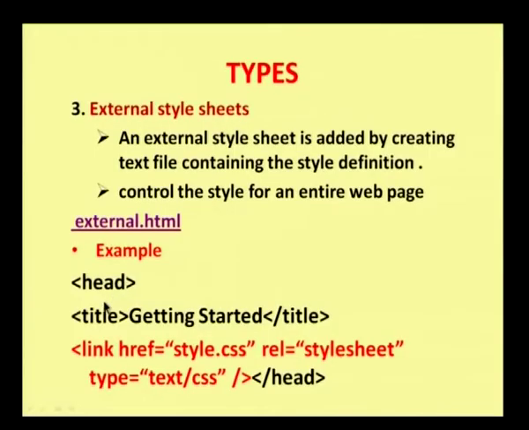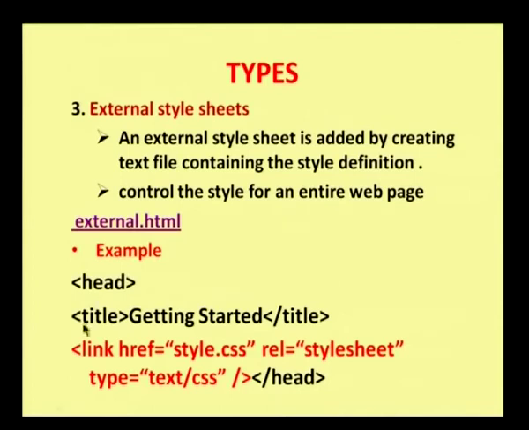Here, in the head portion of the web page, we are linking the CSS file. This style.css is a file which contains the set of rules applied to a particular web page. Not only for a particular web page, we can apply the style sheet to a number of web pages.